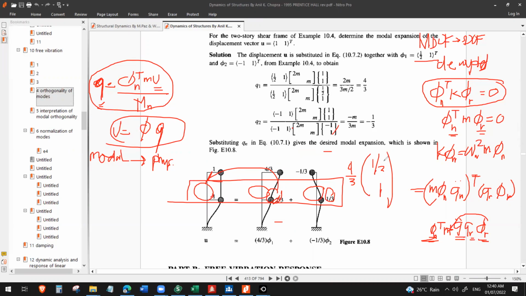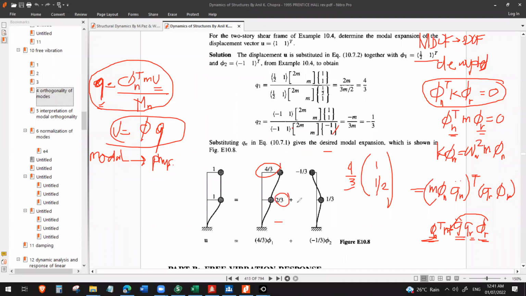It should be 1 and 1/2, because the 1 is at the top level. So 4/3 times 1 is 4/3, and 4/3 times 1/2 is 2/3. Okay, that goes with mode shape number 1.